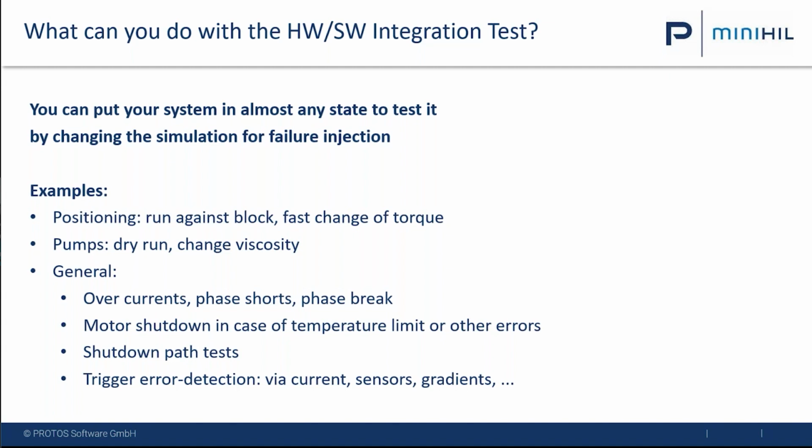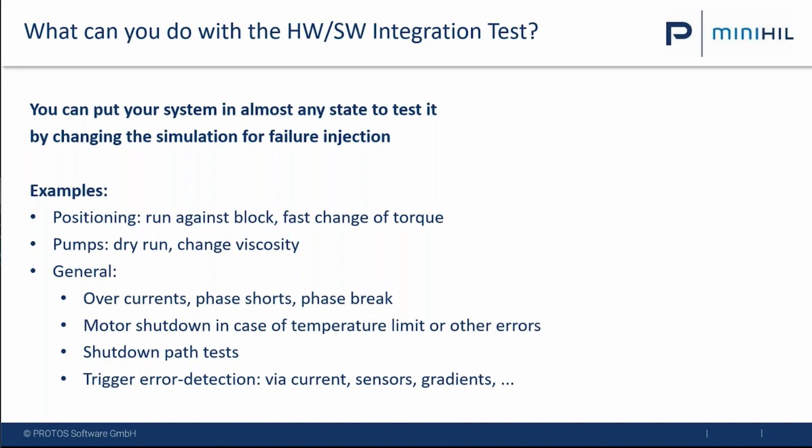And then in general, we can simulate overcurrents, phase shorts, phase breaks, motor shutdown in case of temperature limits and things like that. Then really nice shutdown path tests, not only for temperature, but also for other errors. And yeah, we can trigger any kind of error detection via simulation of current sensors, gradients, and so on.